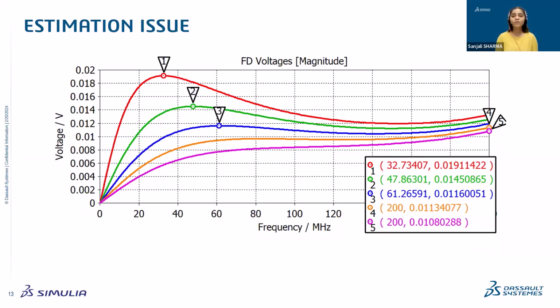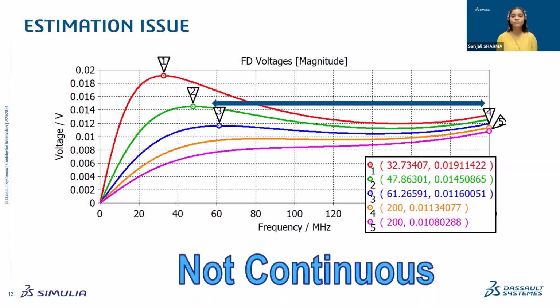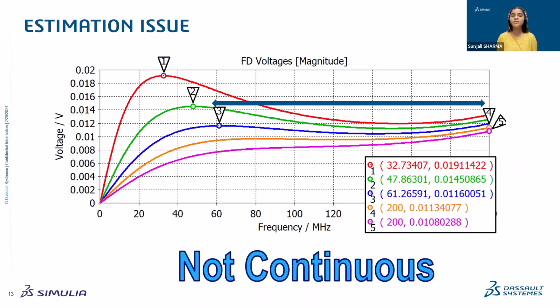The frequency of the voltage can unexpectedly jump to the edge of the range, and this makes the frequency of the maximum voltage discontinuous. Due to this discontinuity, there is no trend to follow for the approximation and the results can be misleading. The approximation by radial basis function works best for continuous values.